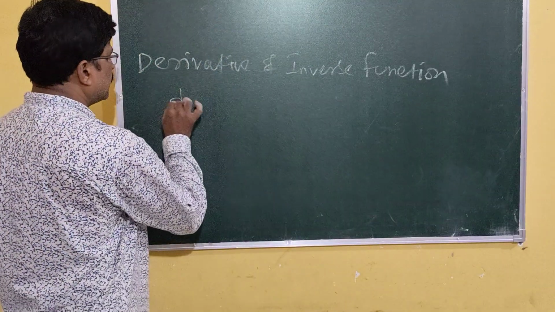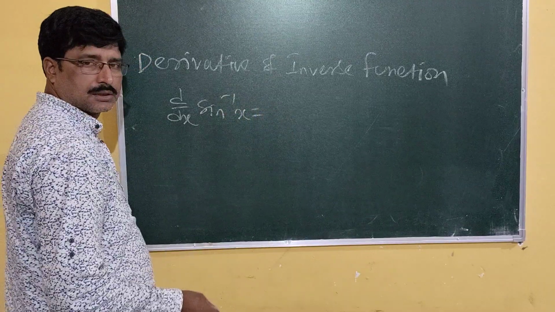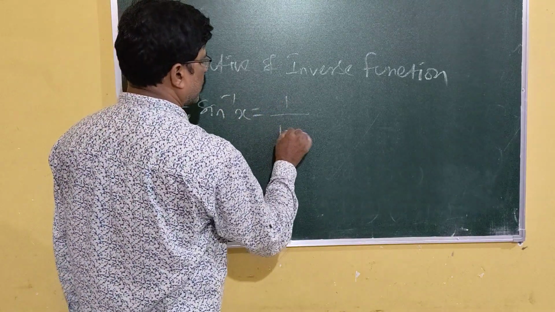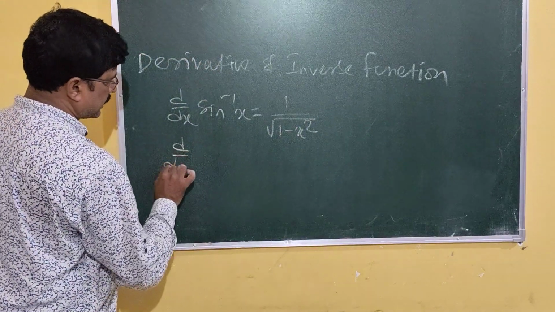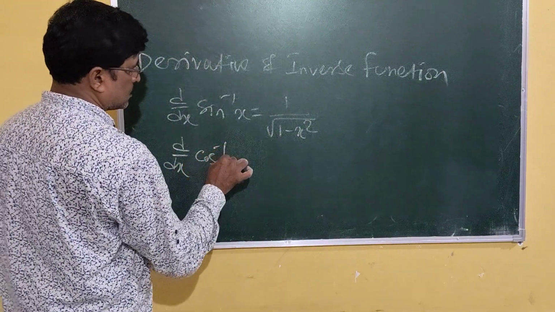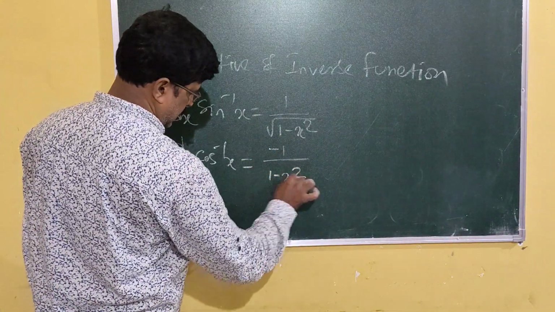That is dy by dx of sine inverse x, that is equal to 1 by square root of 1 minus x square. Dy by dx of cos inverse x is equal to minus 1 by square root of 1 minus x square.